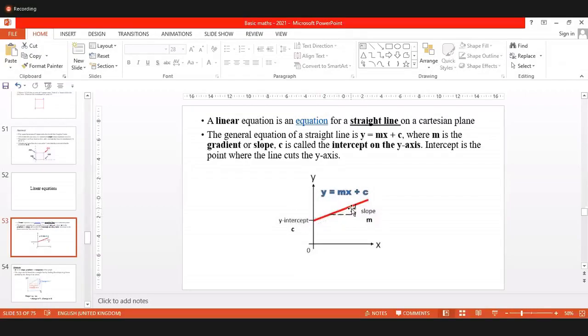Slope is usually calculated using the concept tan theta, right? Tan theta is equal to the length of this side over the length of this side. You should have studied all these before. Yes or no? Understood, Abhishan? Yes, sir. Difficult? No, sir. Okay, please make a note on this.